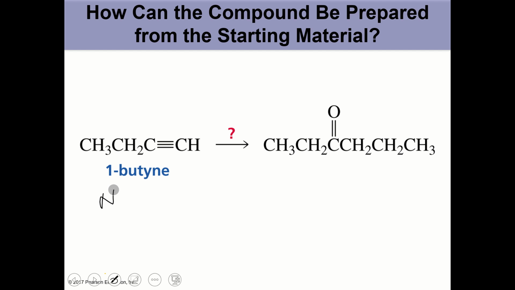We need to add 2 carbons. The only way that we know to add carbons is our C triple bond C anion plus an alkyl halide.